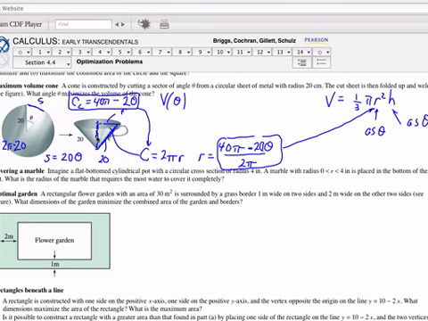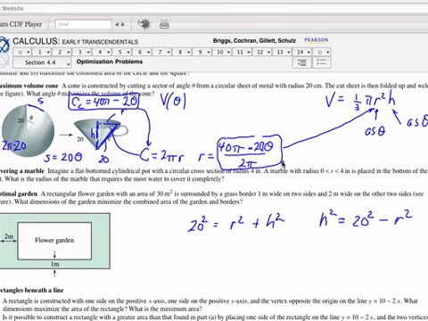And then right there is height. So 20 squared equals r squared plus h squared. And so h squared equals 20 squared minus r squared.